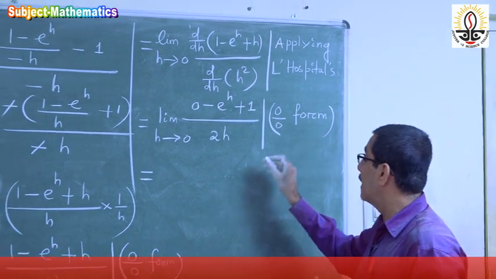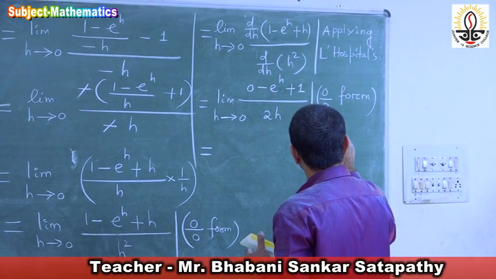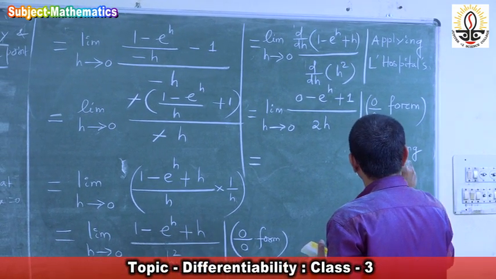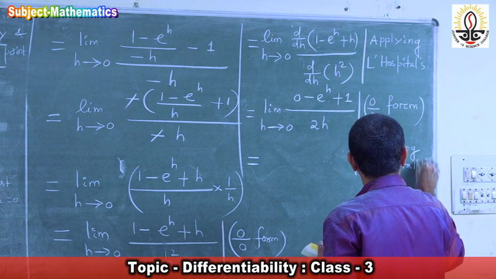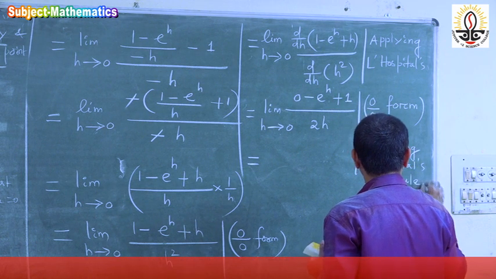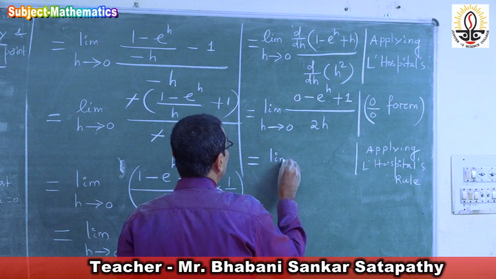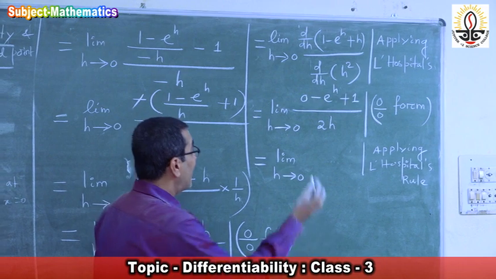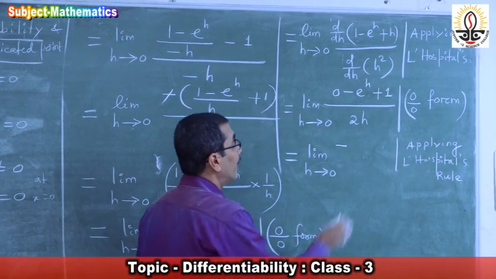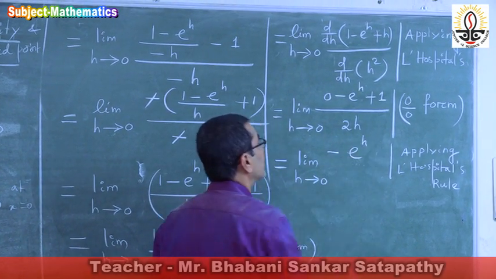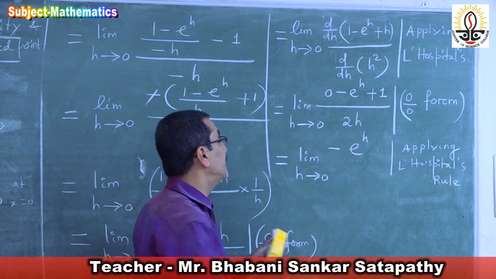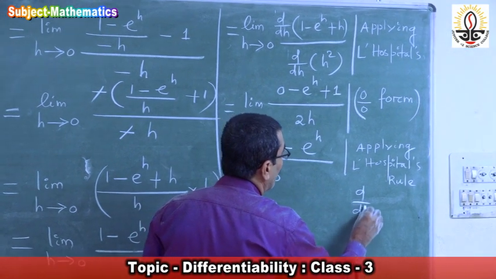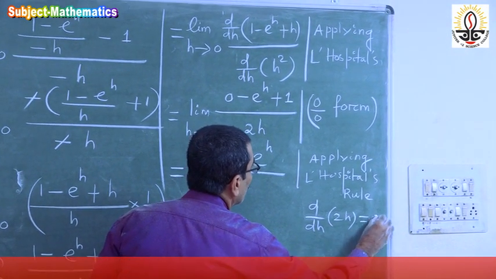So 0 by 0 form means again applying L'Hopital's rule. What will you get? You will get limit h approaches 0 of minus e to the power h, differentiation is e to the power h, 1 differentiation is 0, divided by 2h differentiation, d by dh of 2h is equal to 2.